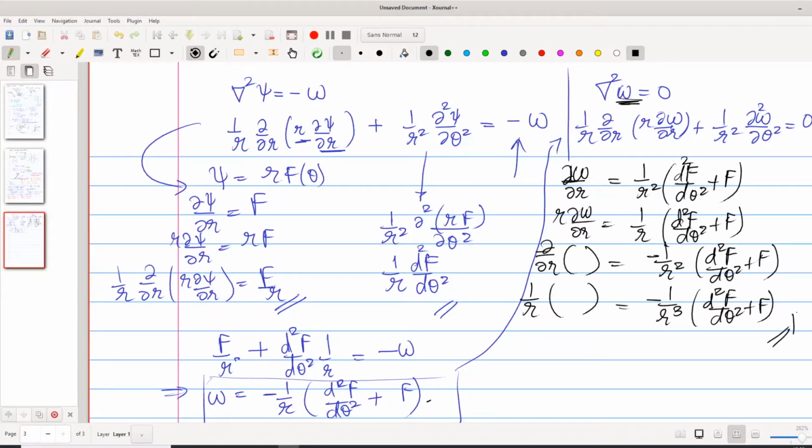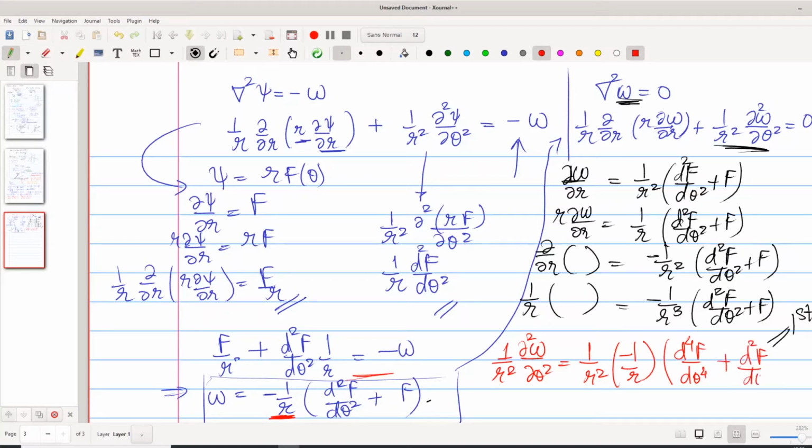So this term is the first term. What about the second term? The second term is 1 upon r square del 2 omega/del theta 2. So essentially it is 1 by r square times minus 1 by r, because this 1 by r comes outside the derivative of theta, times the second derivative of this entire term, so d4f/d theta 4 plus d2f/d theta 2.